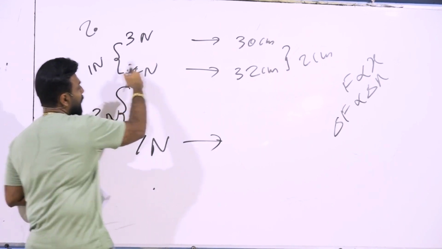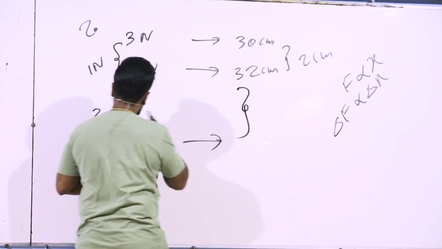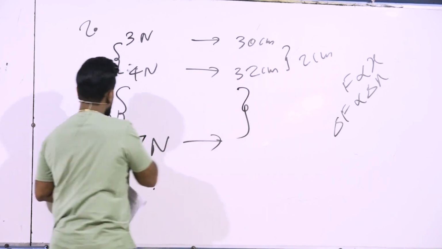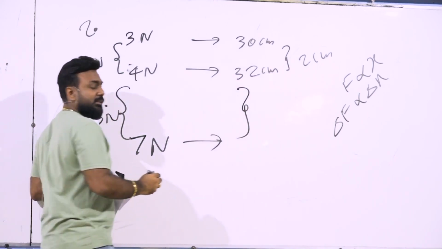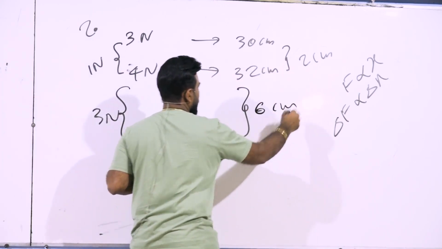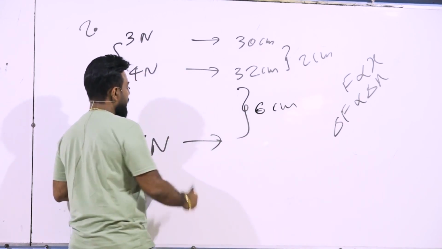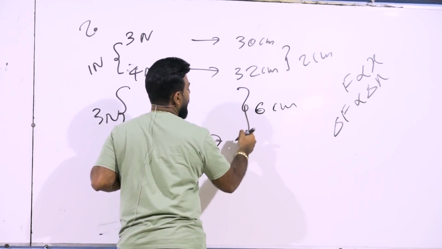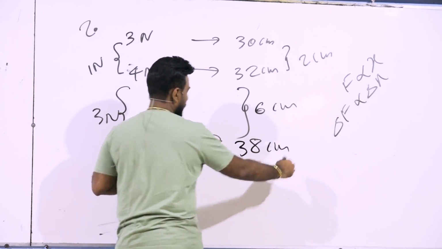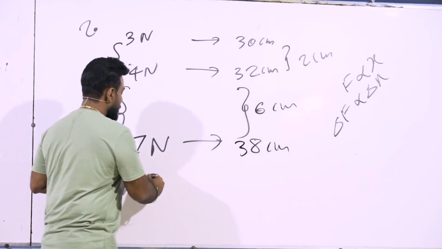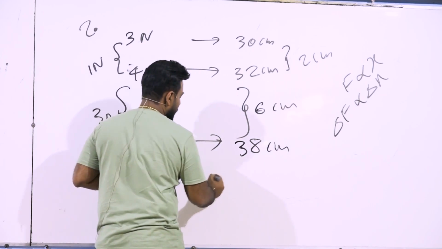If 1 Newton gives 2 cm, then 3 Newton gives 6 centimeter. So 32 plus 6 is 38 centimeter. Your answer is answer number 2, 38 centimeter.